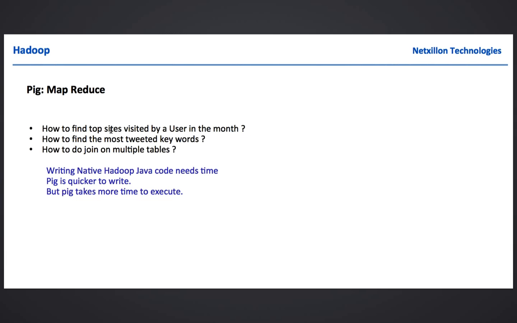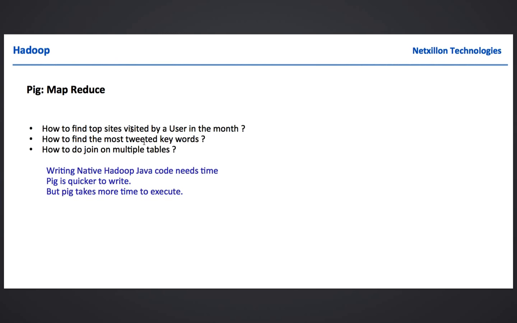For example, let's say all of a sudden your manager comes to you and says, give me the top sites visited by a user in a month. Or let's say, what is the most tweeted keyword on Twitter.